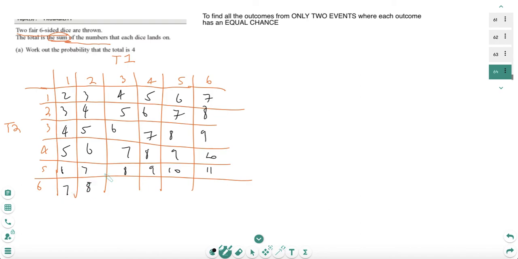And I'll show you a faster way of doing this than using a sample space diagram. So these are all the possible scores we can get from throwing 2 dice and then adding up their scores.